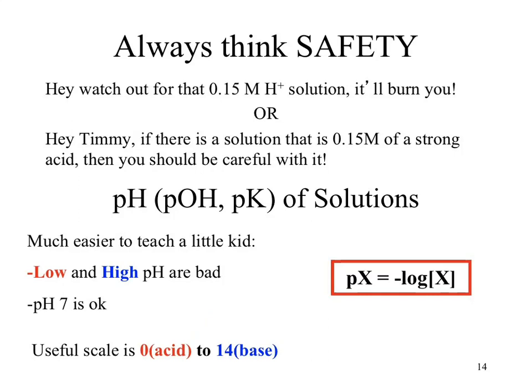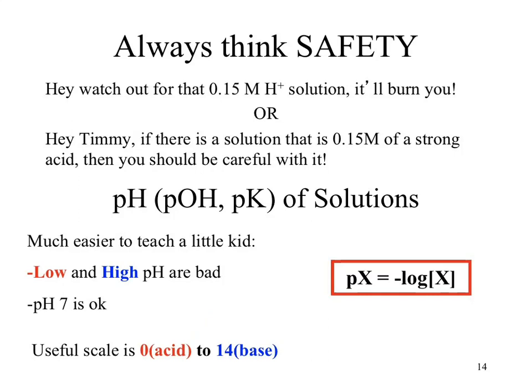What if I wanted the pOH? Instead of X, I have OH. What if I want the pK? I just put in K. So if you see P anything, what we're saying is the negative log of whatever that value is. That's our notation.